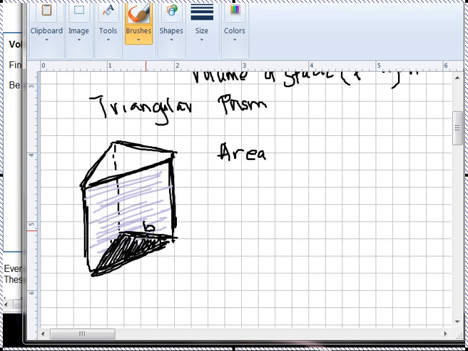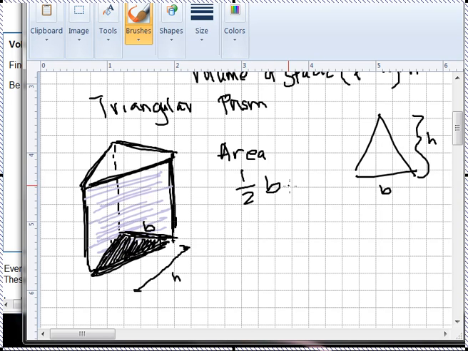If this were the base down here, and the distance from here to here is the height, or I'll draw it like a regular style. Here's the base, and here's the height. Okay, good, Braden. So it's base times height times 1/2, or as I like to say it, 1/2 base times height. Everyone agree?